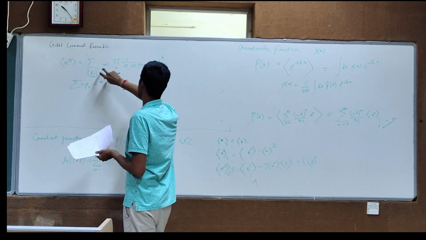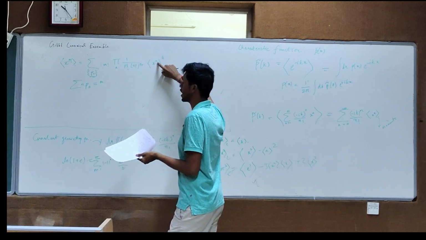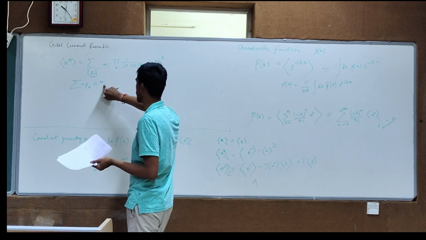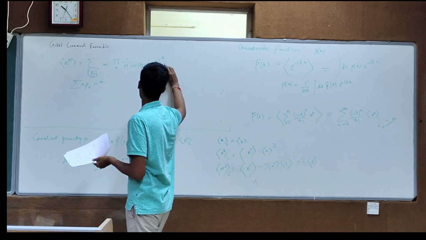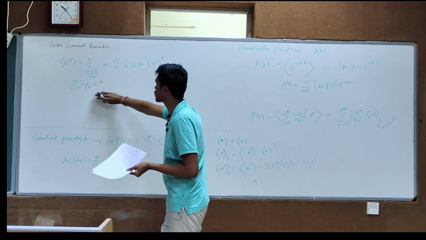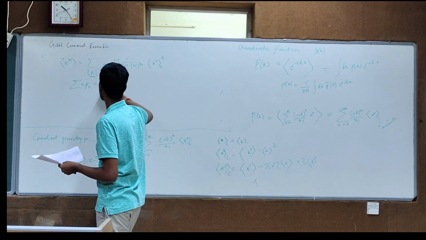In a given term, the sum of the n's would be equal to m. If you have the nth cumulant p_n times, the total should be equal to m.